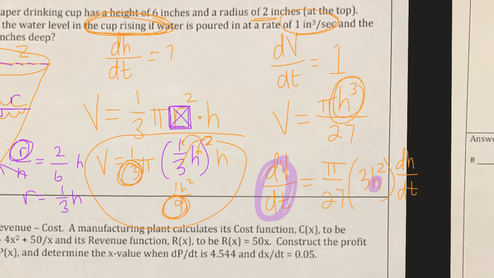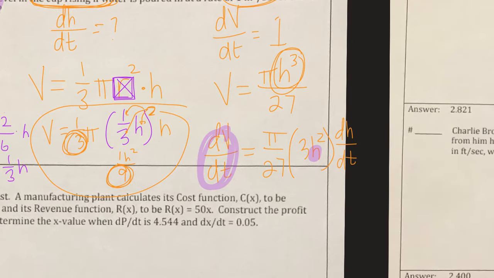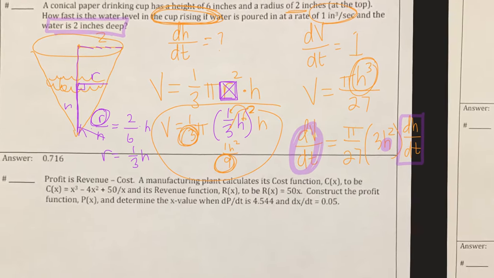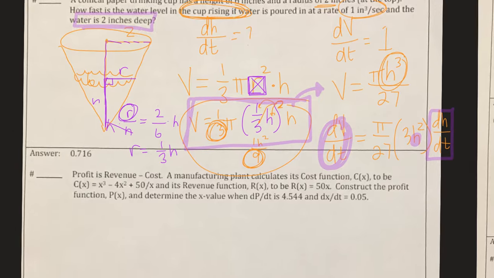I know the height, right? The height is 2. We're told in the problem the height is 2. So I can solve this equation for dh/dt simply by doing some algebra to isolate that variable. This is an important problem because you want to replace r with h, so we have one variable in our equation.